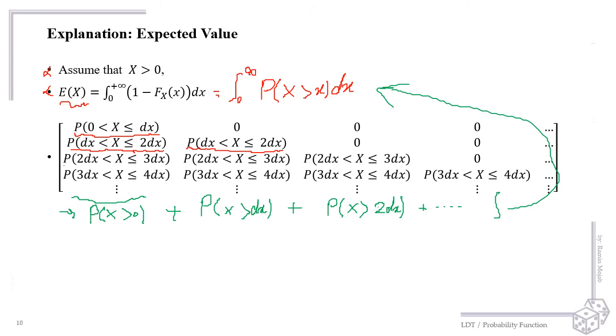In the third row, we have 3 probabilities, and each of them is the probability that X is between 2dx and 3 times dx, which means that as the value of x increases, or as this interval moves forward, the importance of the probabilities, or the importance of the value of x, increases too.